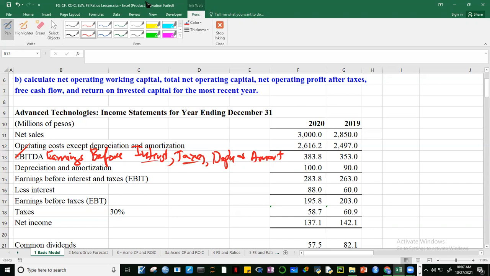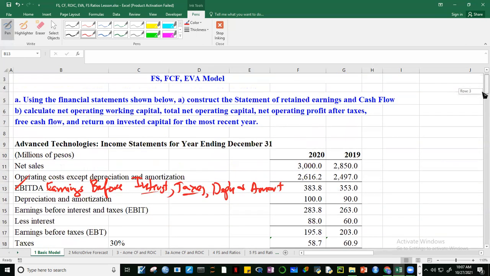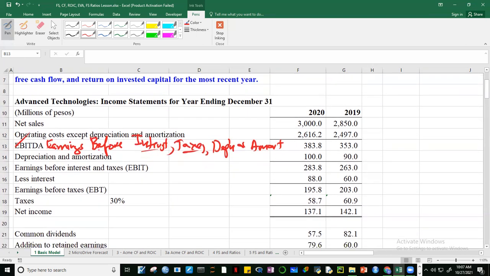What could be the reason for that, guys? Any idea? Any guess? Why single out depreciation and amortization among all the operating costs?